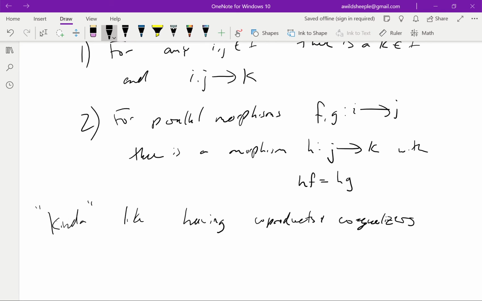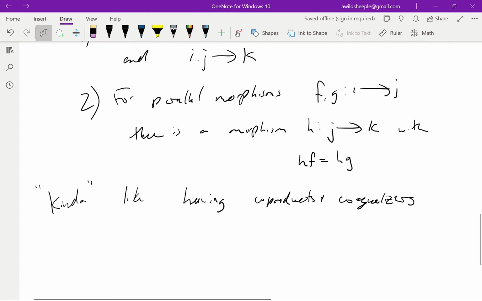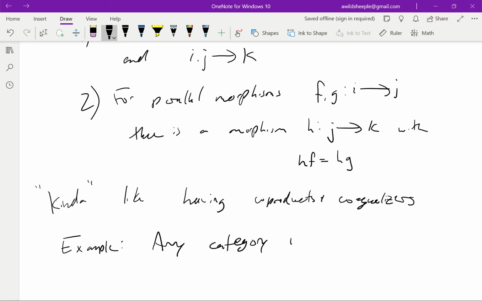In fact, one possibly enlightening thing is that a very frequent example of filtrant categories, maybe this is like example 0, but I'm not going to write this down super precisely, is any category with a terminal object is filtrant.